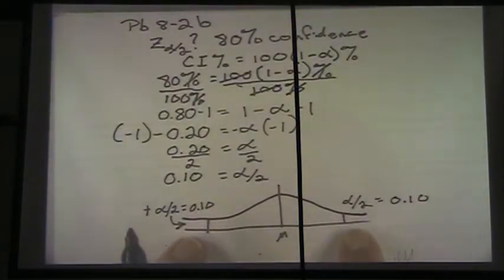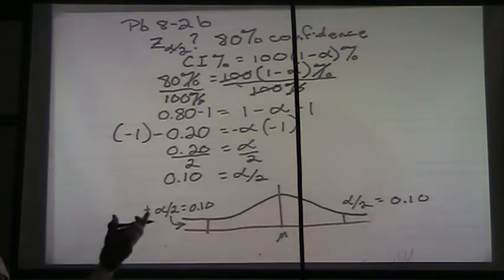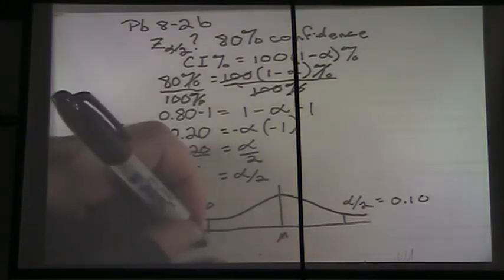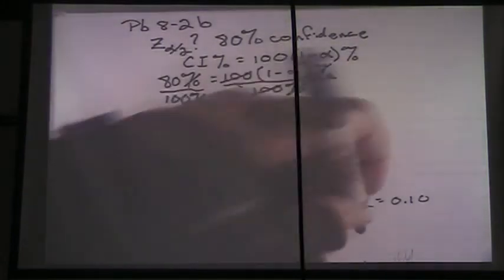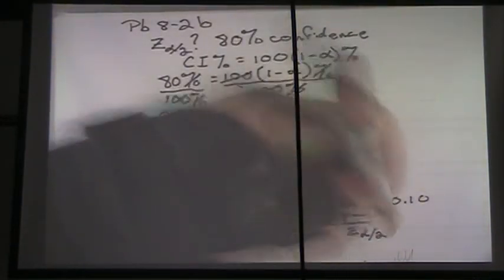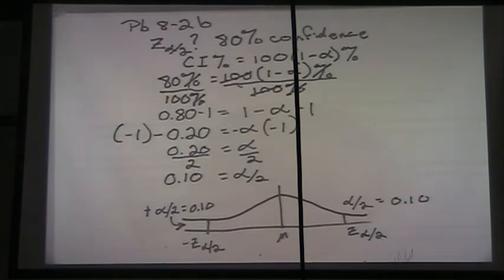So we've got these probabilities on each end of the standard normal curve that we are excluding from our confidence interval. We want to know what our negative z alpha divided by 2 is, and as a result, we'll be able to just remove the negative sign to get our positive z alpha divided by 2.